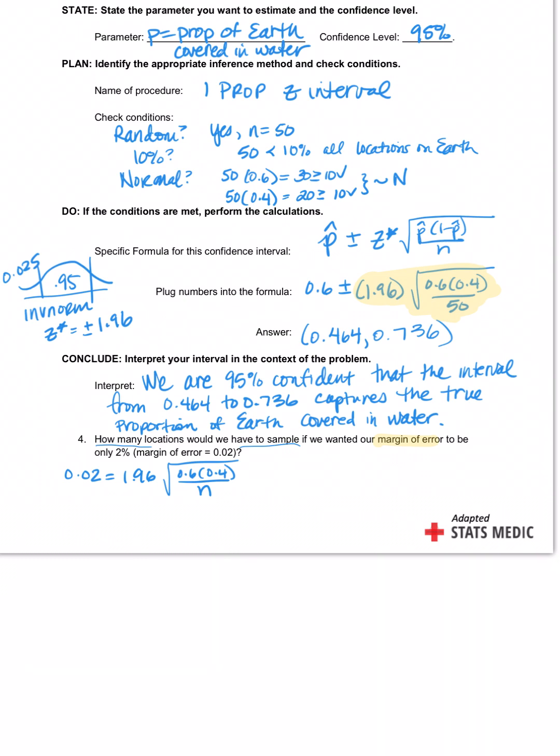What would my first step be? Divide that 1.96 out. Okay. You can definitely cut your decimals as you write it on your paper, but don't round until the very end in your calculators, okay? So I get... what would you do next? You're going to have to square both sides.